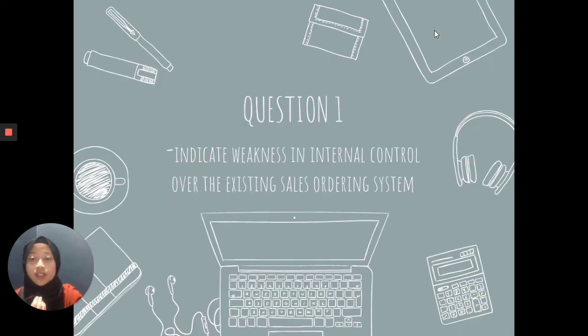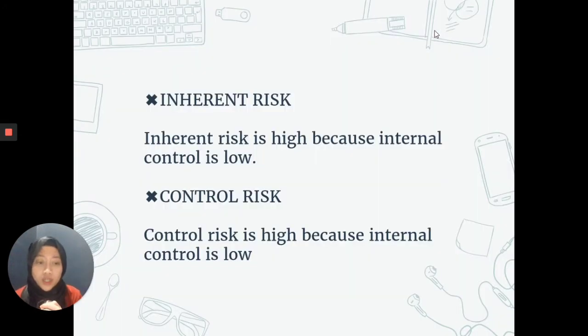Question one: weaknesses in internal control over the existing sales order system. The weakness that I have found in this case is inherent risk. The inherent risk is high because of the risk in the control. It is high because of high investment.